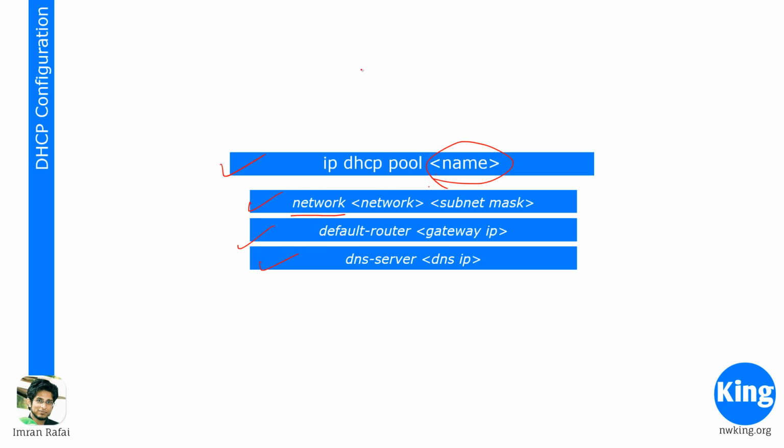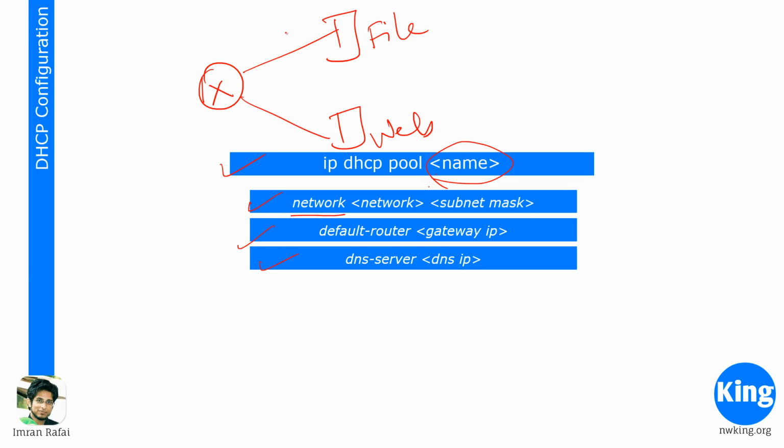Now, there's one more thing that I want to tell you. Let's say in your network, this is the router, and you have a file server, and you have a web server, and these are already assigned, let's say in the 192.168.1.0 network: this is .1, this is .2, this is .3, right?